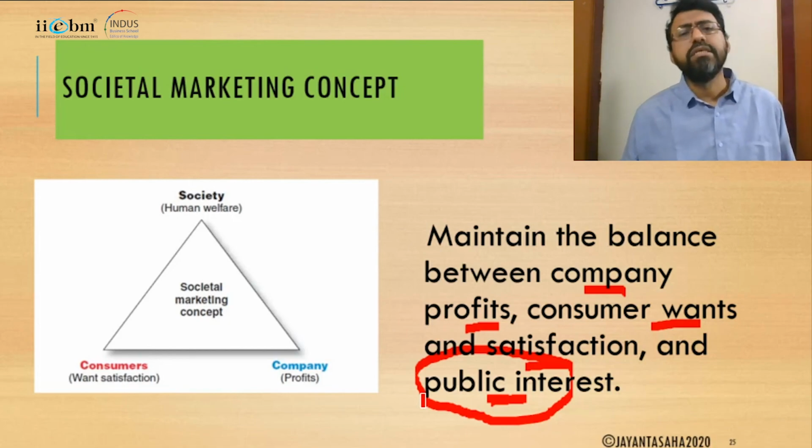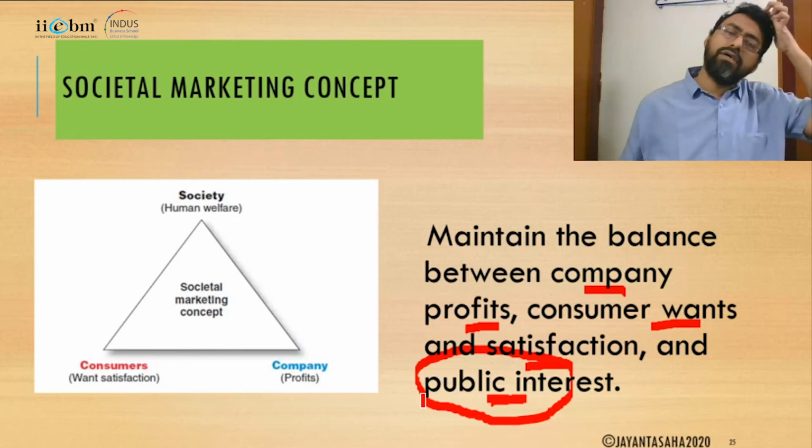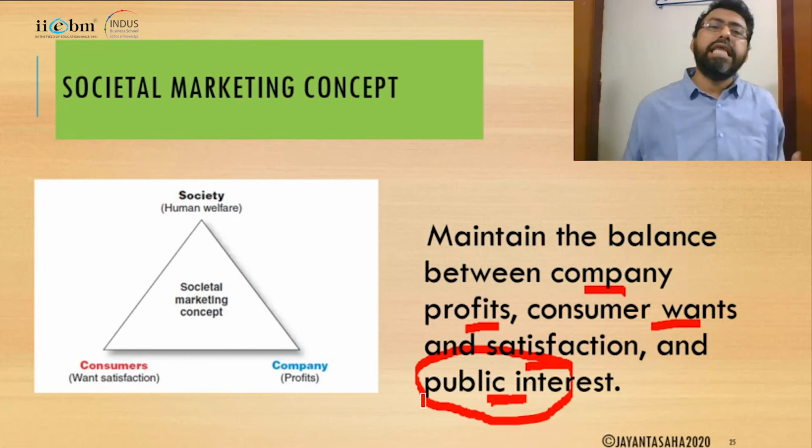So I must also be a responsible citizen. I must be a responsible community member. In fact, lots of big organizations, if they are registered organizations, have to spend a certain proportion of their profit in doing what is known as CSR, corporate social responsibility.